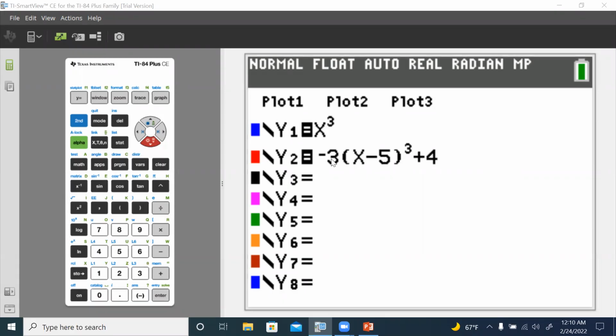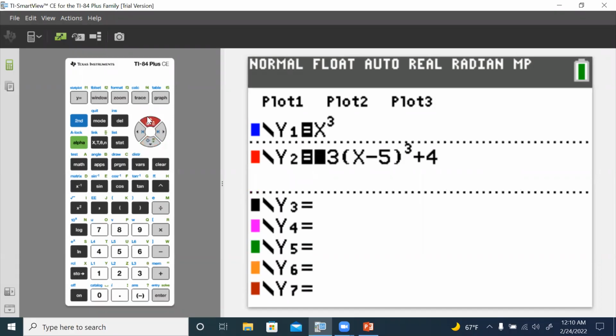In y sub 2, I've got the entire function put in right now, but I want you to go back in there and delete anything that was not inside the grouping symbols. We only want to look at one little part of it at a time. If you take each one of those numbers part by part, you can actually visually see the transformations happening.